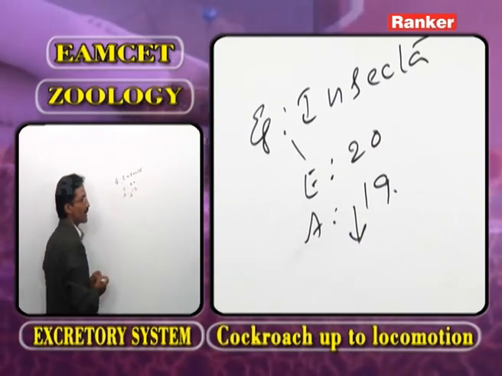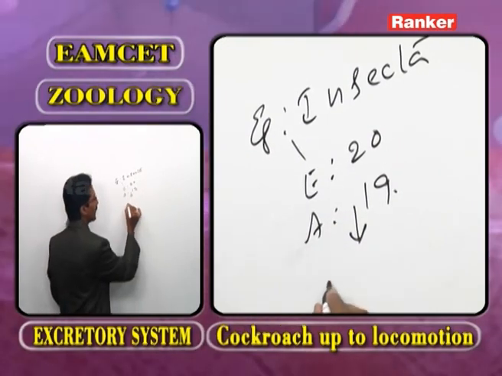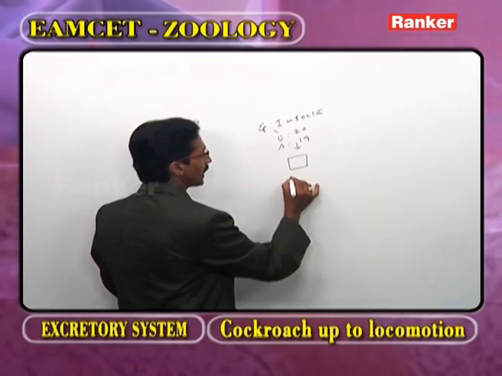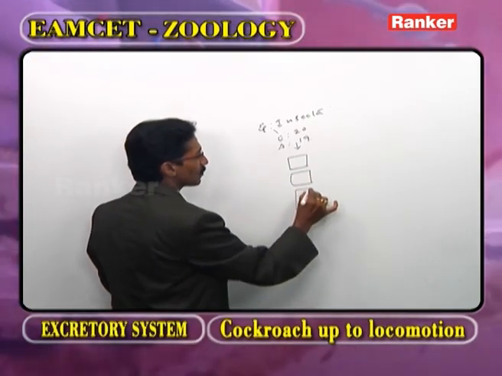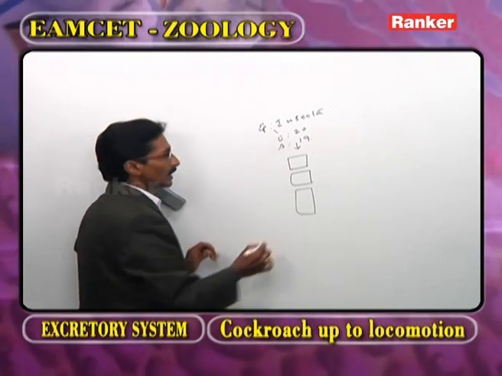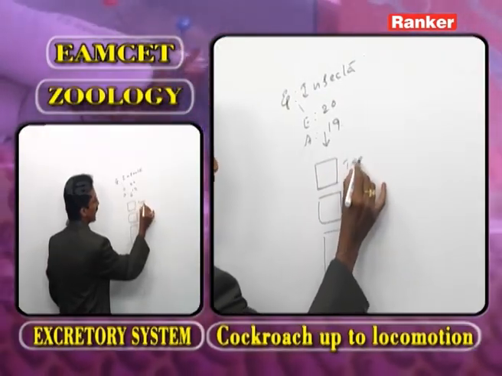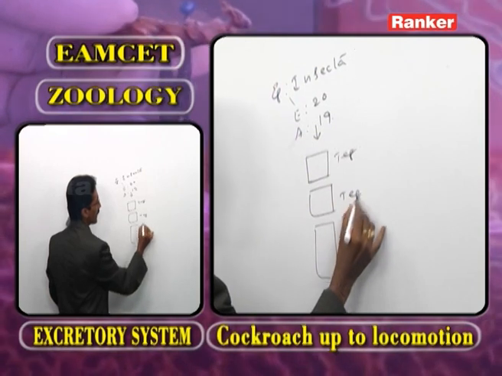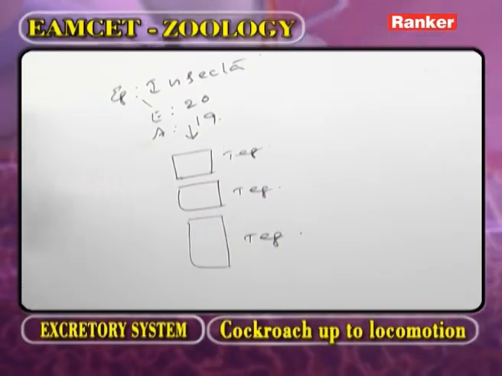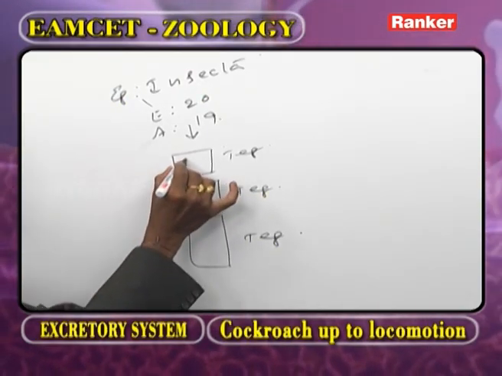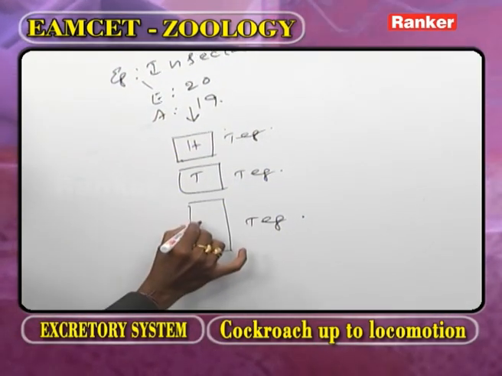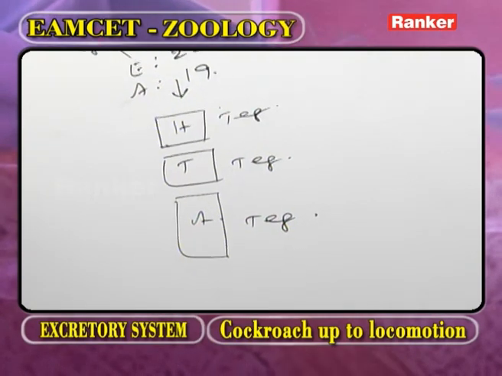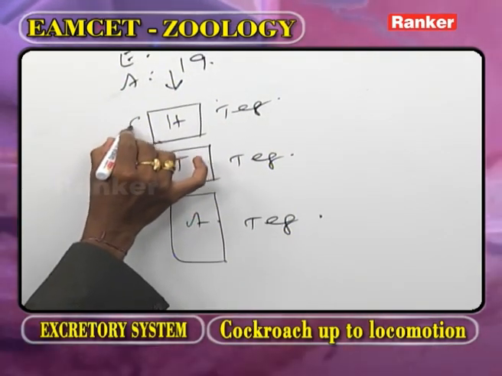These 19 segments are classified into 3 tagmata. This is first tagma, this is second tagma, this is third tagma. What is the first tagma? Head. What is the second tagma? Thorax. What is the third tagma? Abdomen.